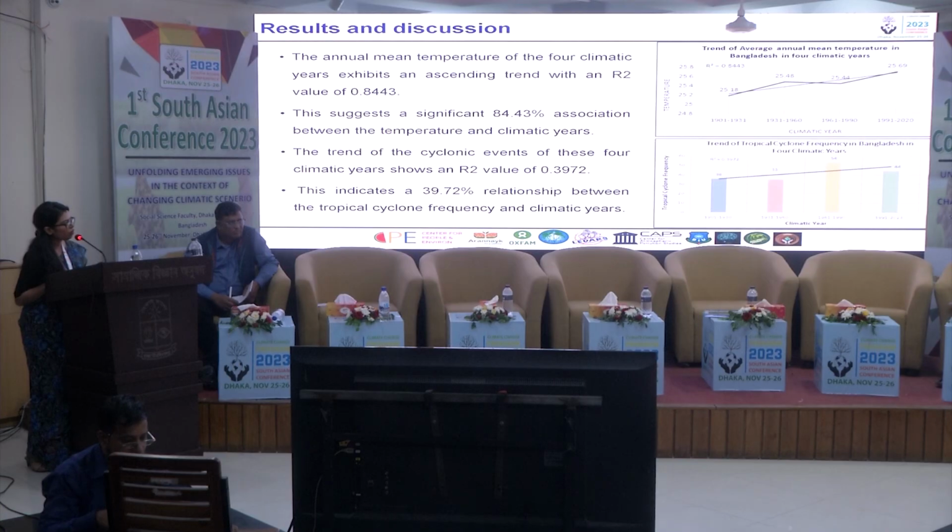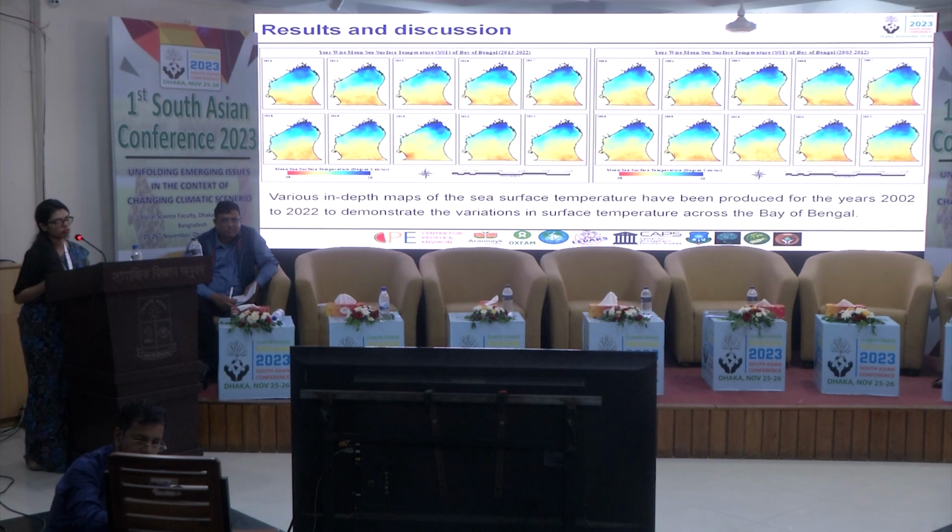This shows a trend with an R-square value of 0.3972. It means there is a 39.72% relationship between the tropical cyclone frequency in this region and the climatic period. So we can see that the frequency of cyclones has increased.